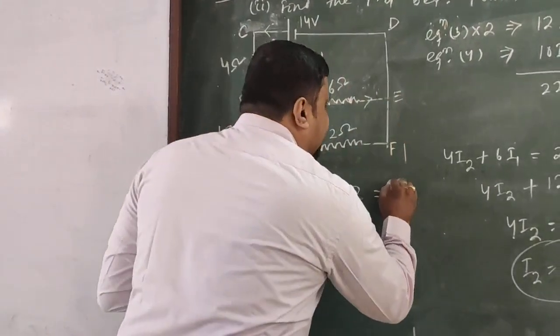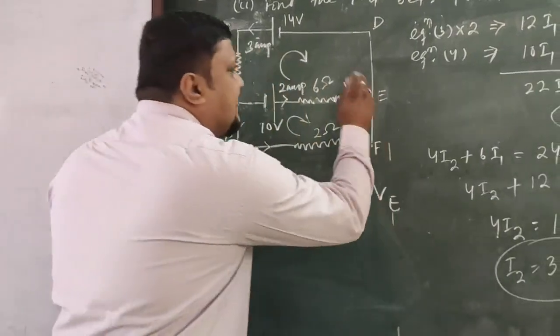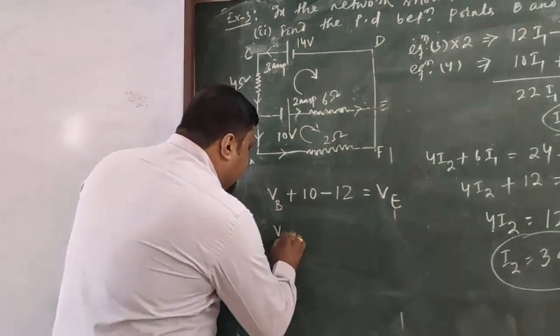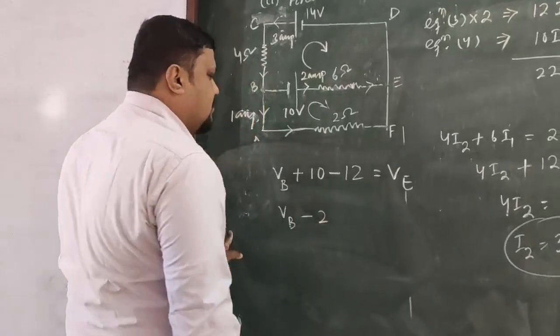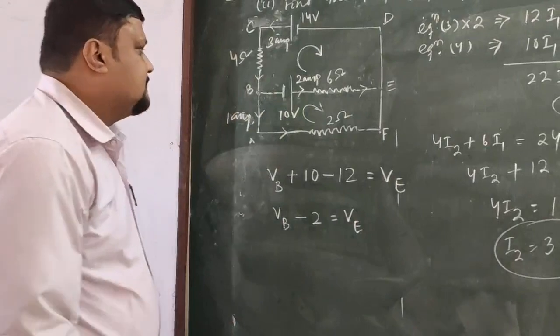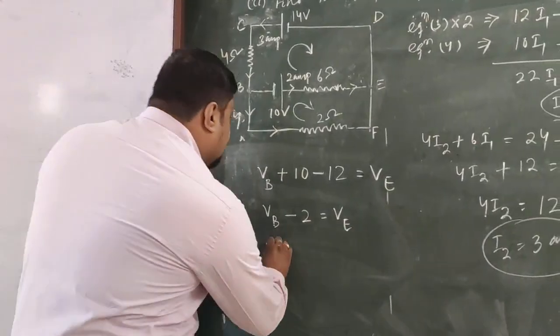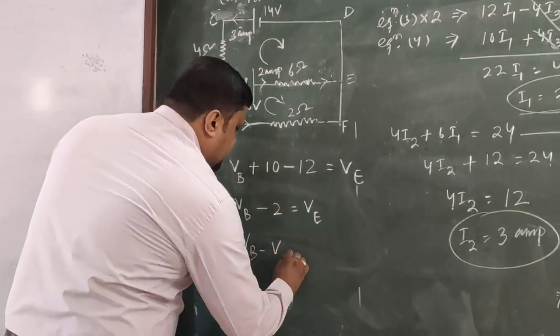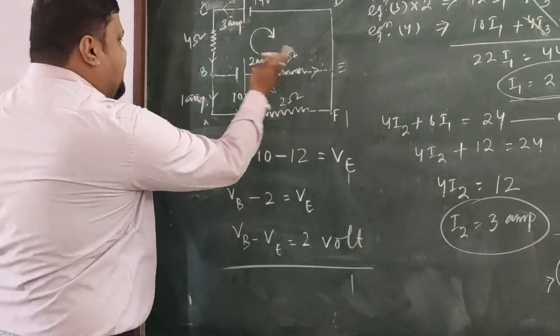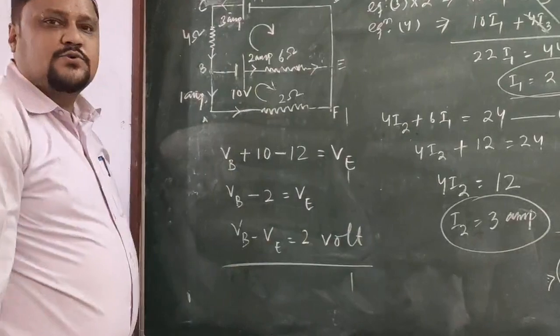Then you reach D. So VB plus 10 minus 12 is equal to VD, that is VB minus 2 is equal to VD. Clear? So VB minus VD is equal to plus 2 volt, or you can say VD minus VB is equal to minus 2.